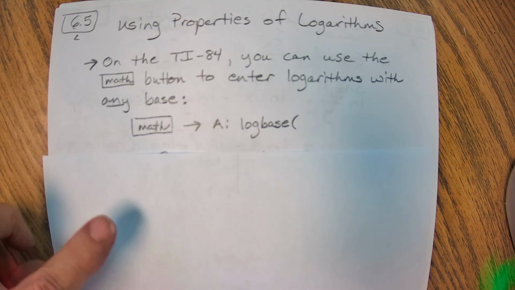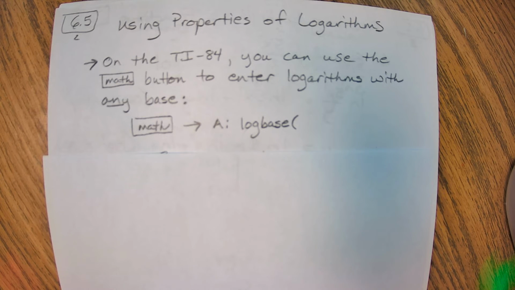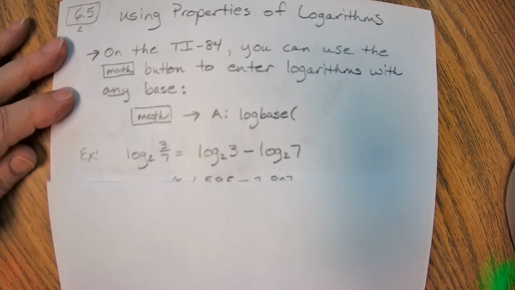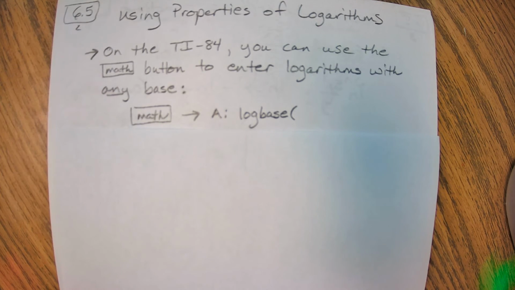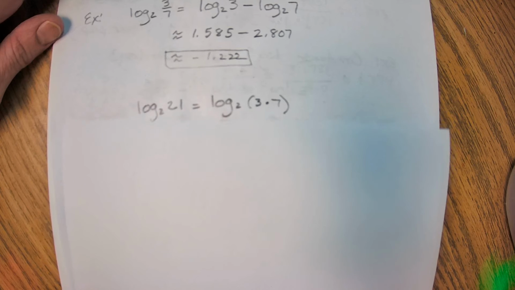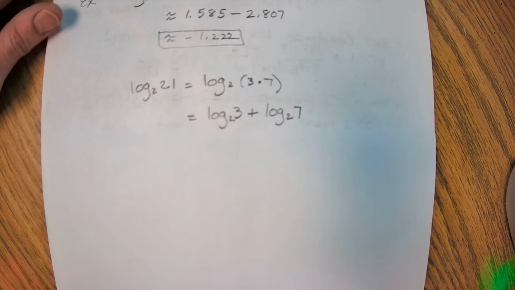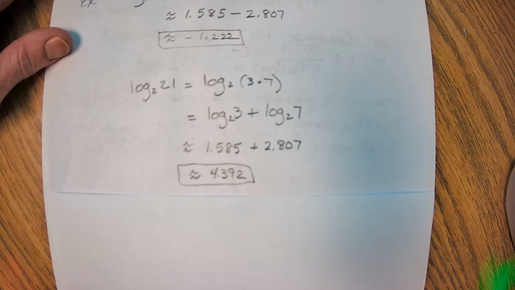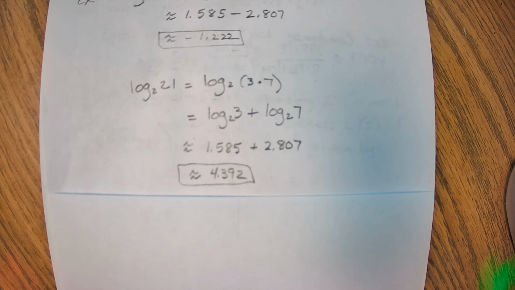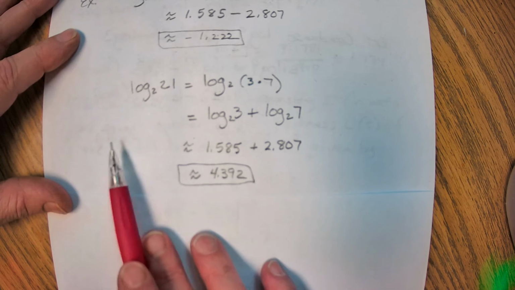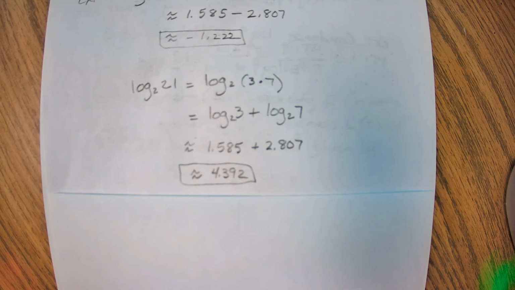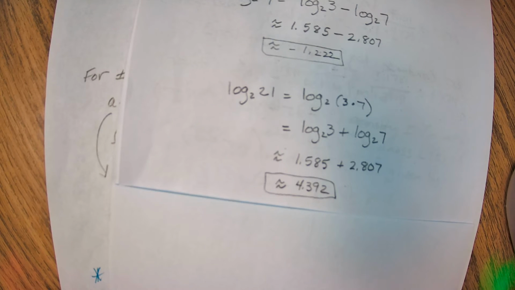You just hit the math key and scroll down until you see this, which is really handy, because some of these you don't even really need the property, right? But if you don't have one of those calculators, you're not going to be able to do it that easily.